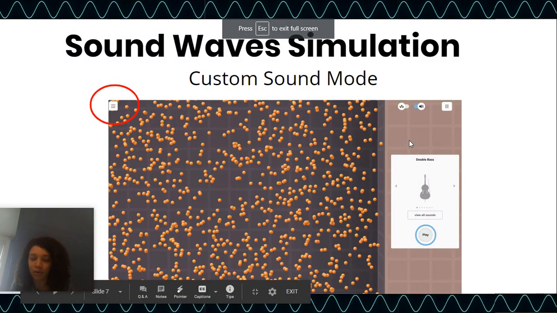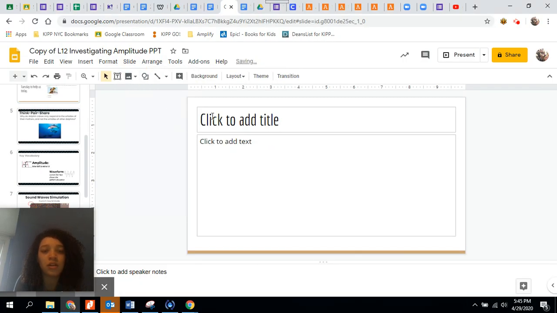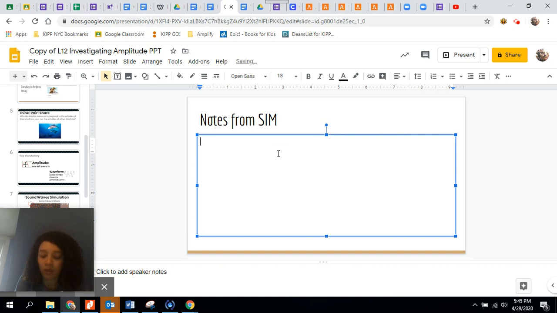So we now know, I'm actually going to add a new slide. I'm going to add some notes now because we just did our notes from the sim. We saw that the amplitude was larger when the sound is louder.